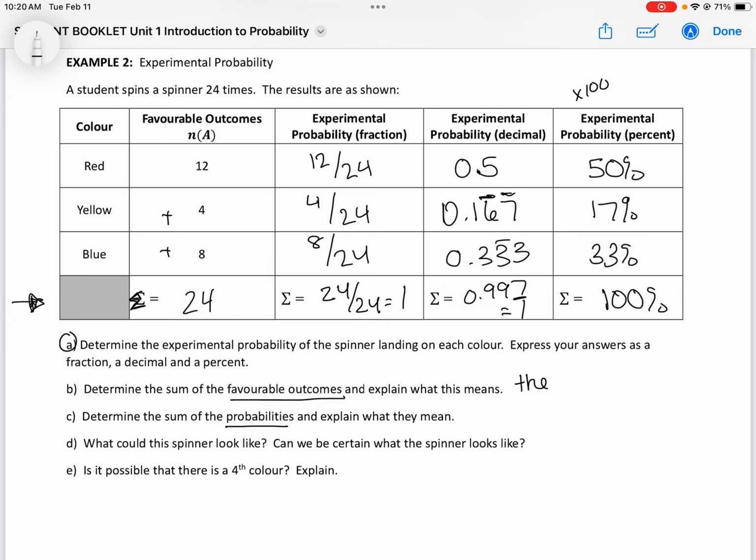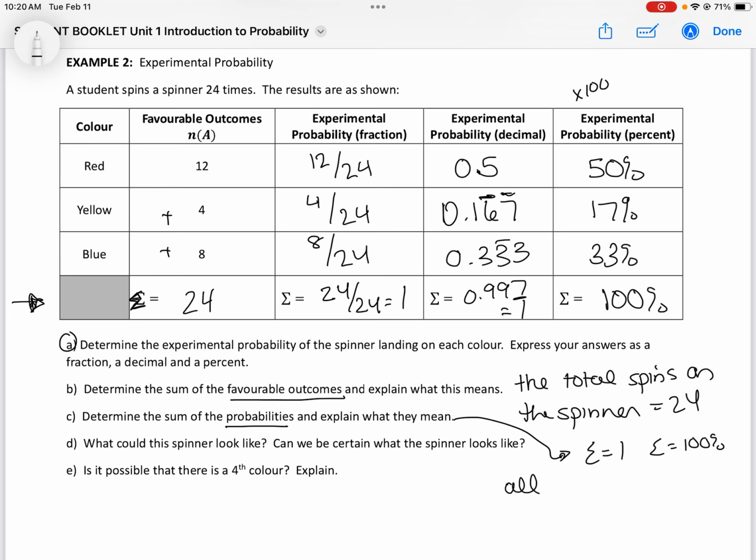So the favorable outcomes is the total rolls, spins on the spinner. And that's going to equal the 24. Whereas the probabilities equal either 1 or 100%. So all the probabilities add to 100%.